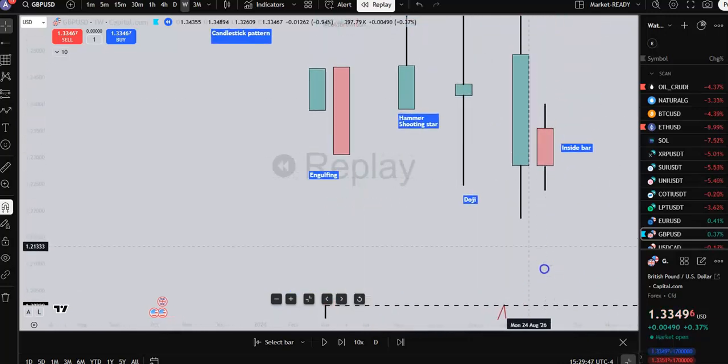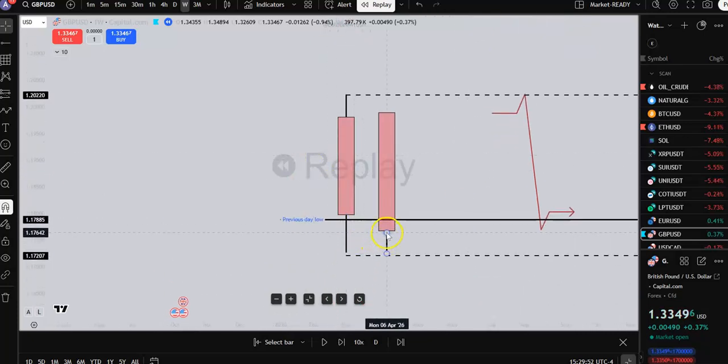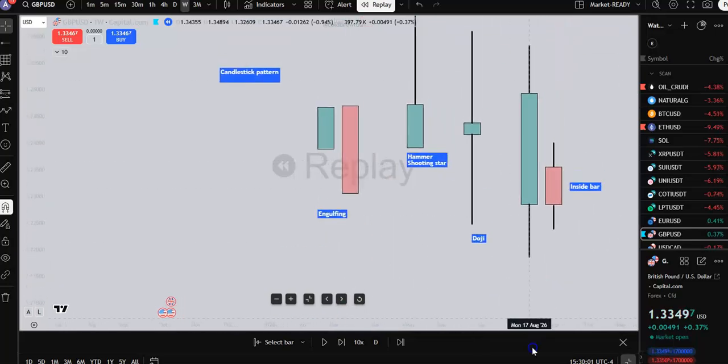If we want to project this, we can understand that the candle closing above or below a specific price level is extremely relevant.